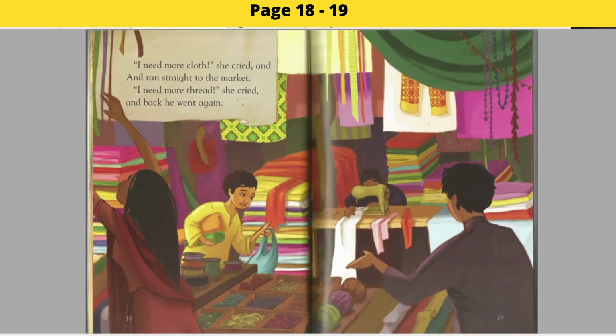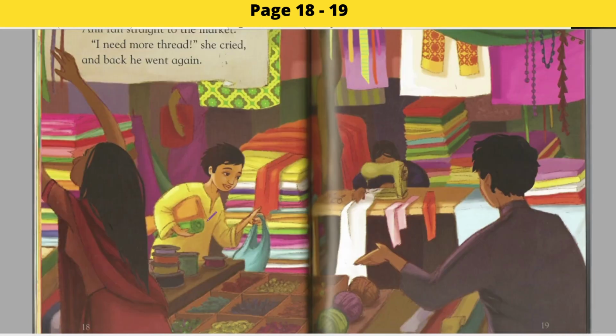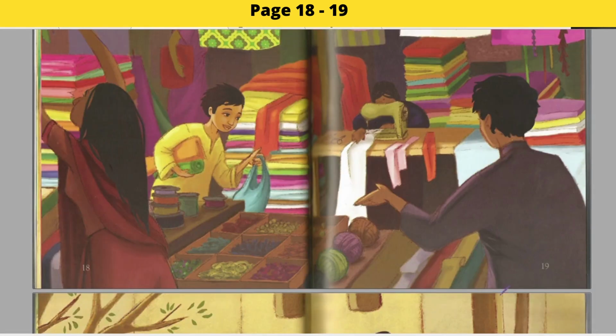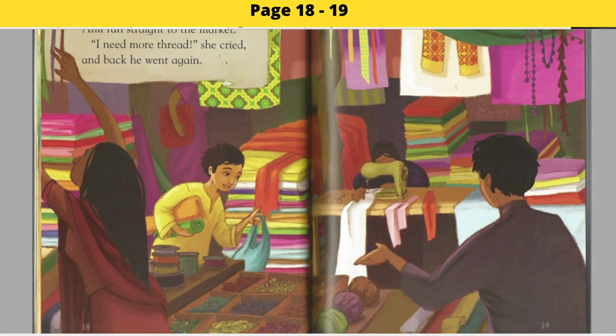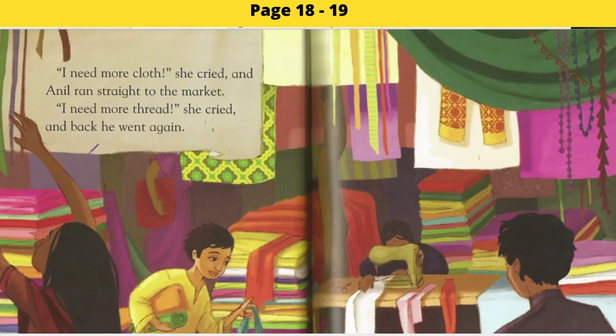Alright, next we see Anil is in the market. What is he doing in the market? He's holding a few things in his hands. Let's read. I need more cloth, she cried, and Anil ran straight to the market. I need more thread, she cried, and back he went again.